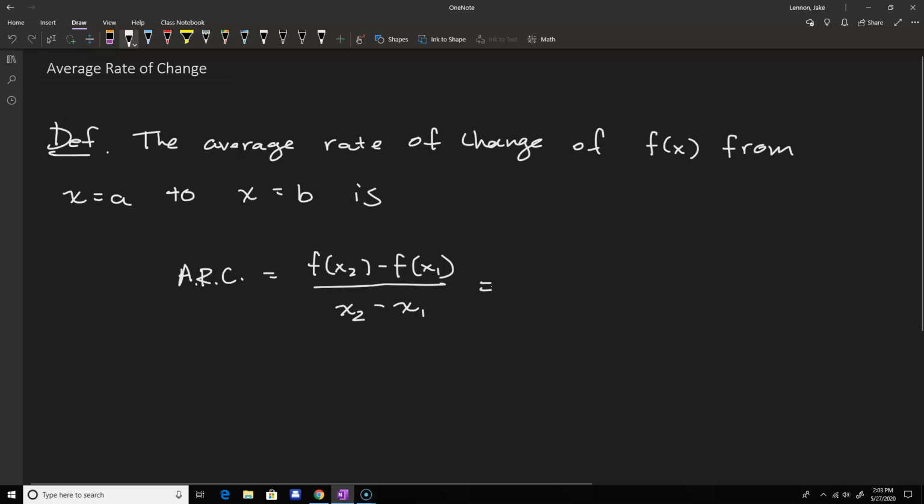So you can see really the thing that's going on here is we're still looking at a change of y values over a change of x values. So in that respect, it's the same as the slope.